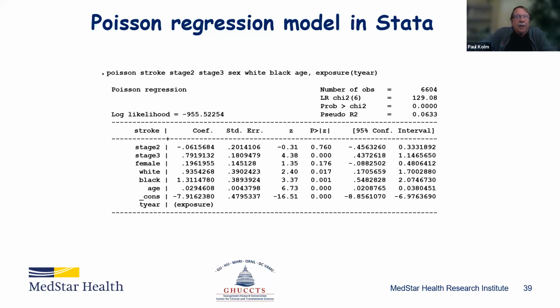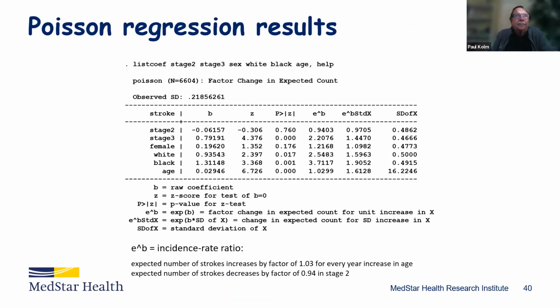What we're going to do then is exponentiate the regression coefficients to get what we call an incident rate ratio. This is just another way of presenting the data. So here are the exponentiated regression coefficients. The interpretation here is, for example, for age, the expected number of strokes increases by a factor of 1.03 for every year increase in age.